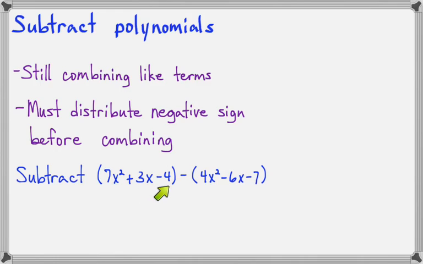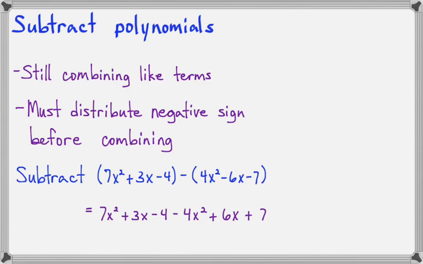The first parentheses aren't accomplishing anything, so we'll leave them off. But when we do the second set of parentheses, we will distribute this minus. So it's going to make minus 4x squared, and then minus negative 6x makes plus 6x, and minus negative 7 makes plus 7.